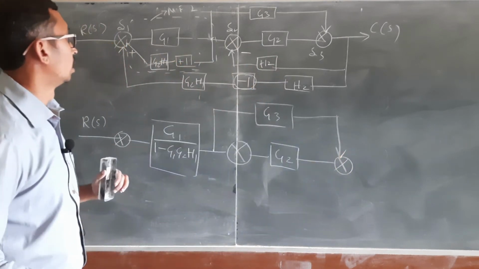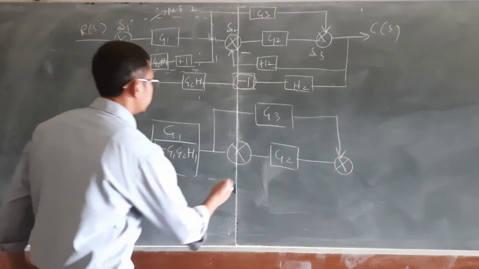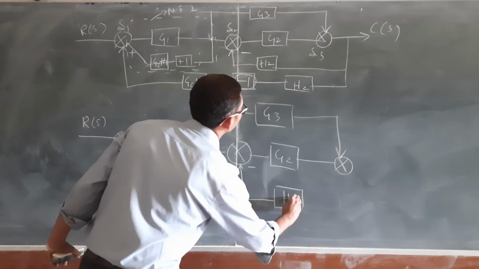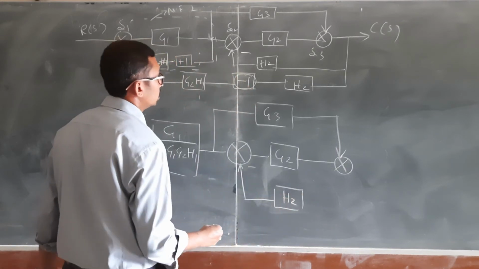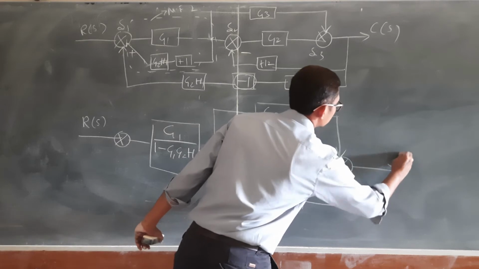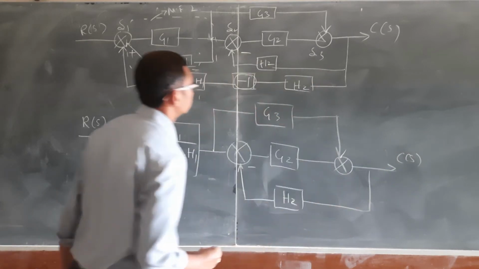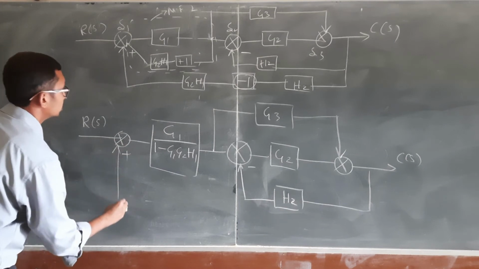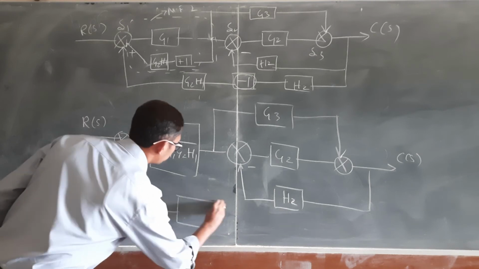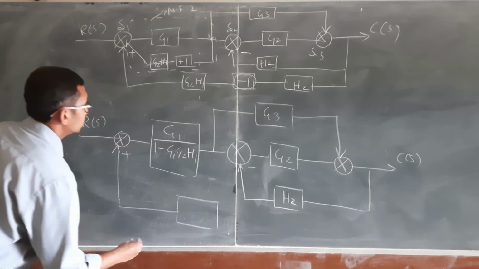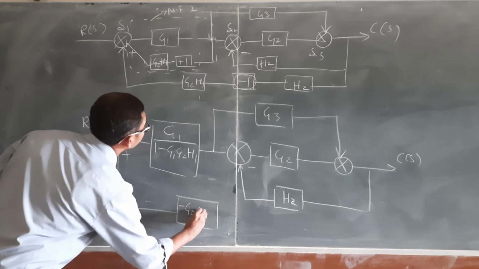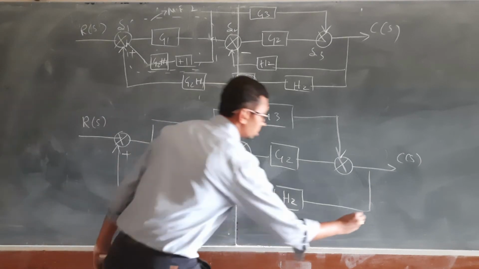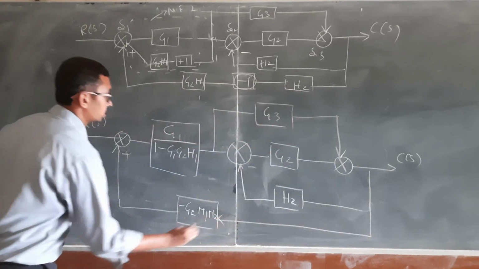Okay, next what else is there? Here also we have a minus H2 C of S, and here we have a plus, we can reduce to minus G2 H1 H2, and finally I am going to get 2.